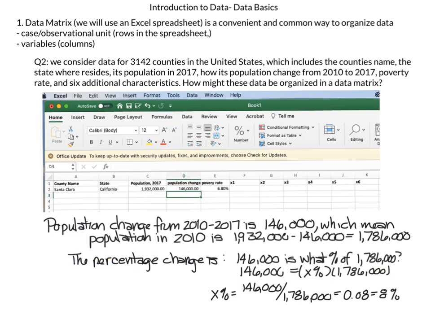Furthermore, if I want the percentage change, like how much did the population change between 2010 and 2017, that question is this change here, 146,000 is what percent of the original population, 1,786,000.